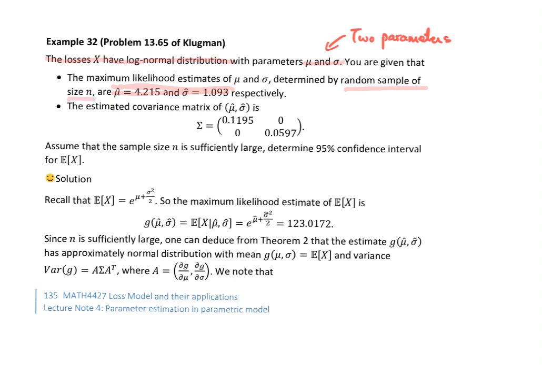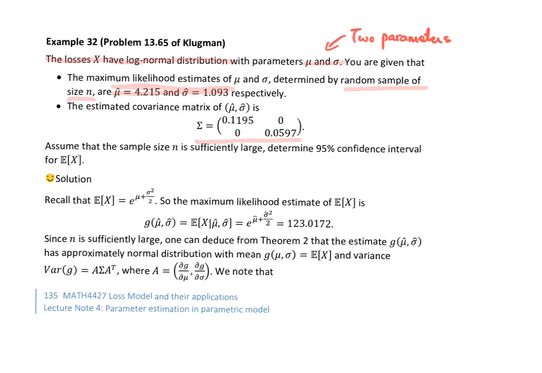Let's assume that I have performed the analysis already, and at the same time I also estimate that the covariance matrix of mu hat and sigma hat will be equal to this diagonal matrix. Again, this value is estimated from your random sample.